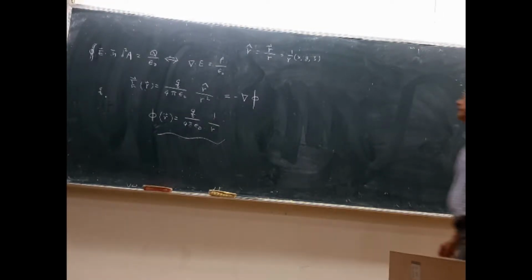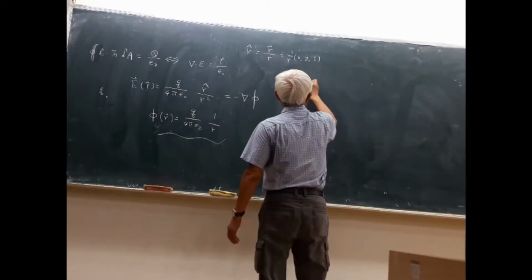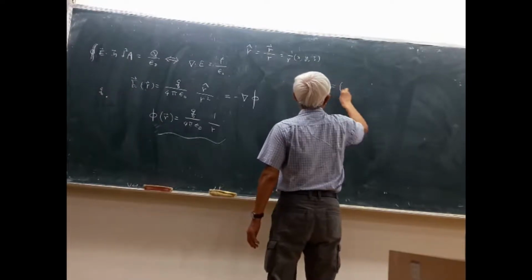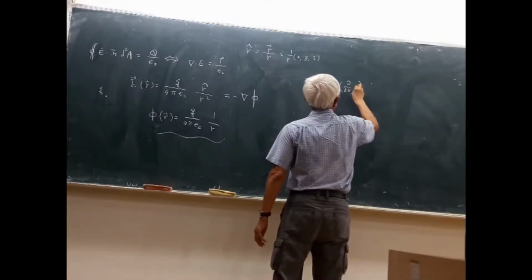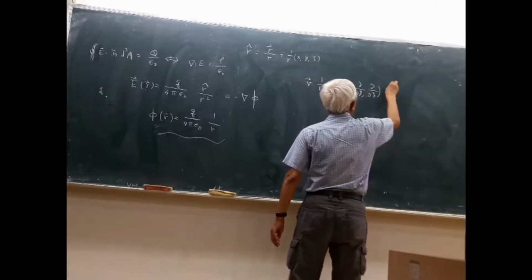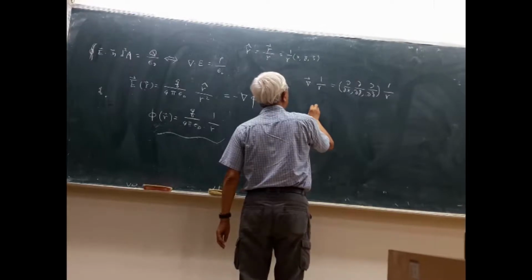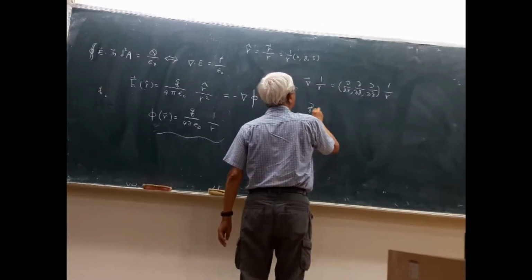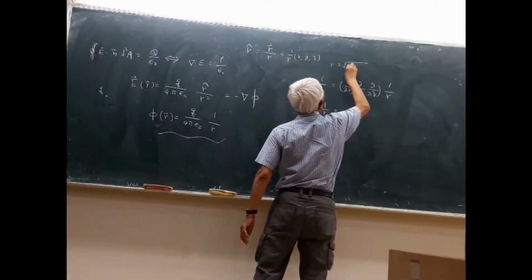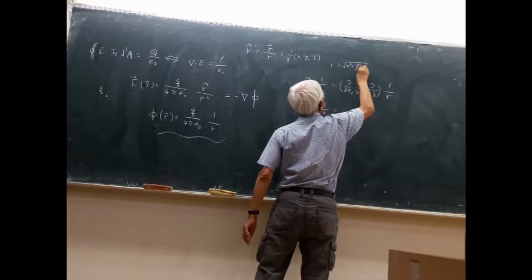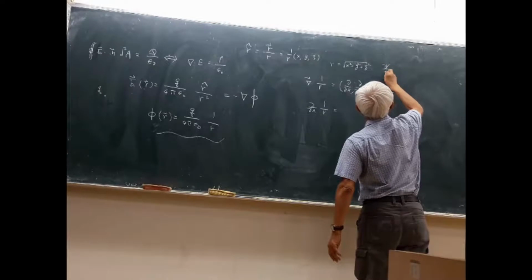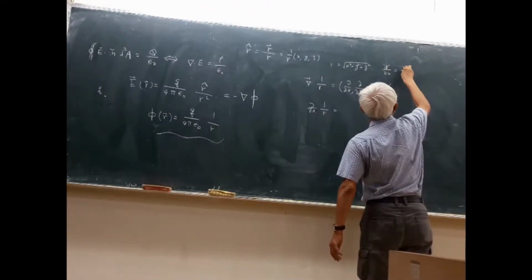Okay, we can calculate that gradient. It is equal to partial x, partial y, partial z of 1 over r, right? So r is equal to the square root of x squared plus y squared plus z squared. So partial r over partial x equals x over r.